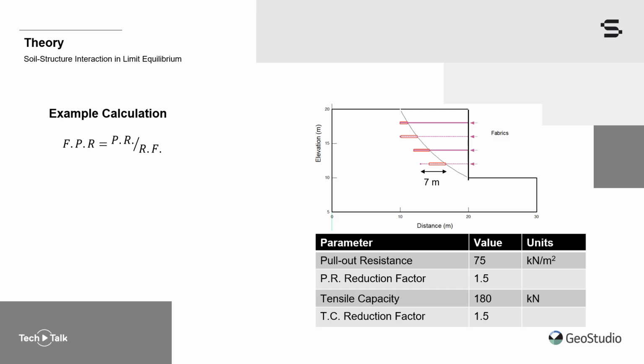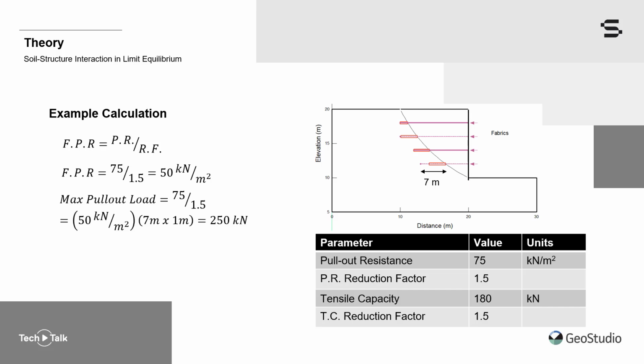Given that the reinforcement extends 7 meters behind the trial slip surface, the maximum pullout load is therefore 250 kilonewtons, calculated as 75 divided by 1.5 to give us the factored value of 50 kilonewtons per square meter, and taking that, multiplying by 7 meters of length times 1 meter in the out of plane direction gives us our max pullout load of 250.